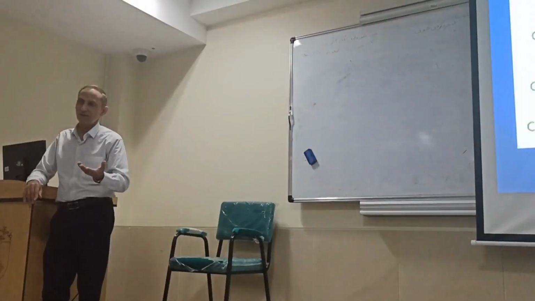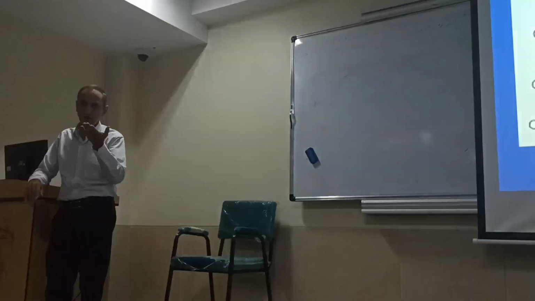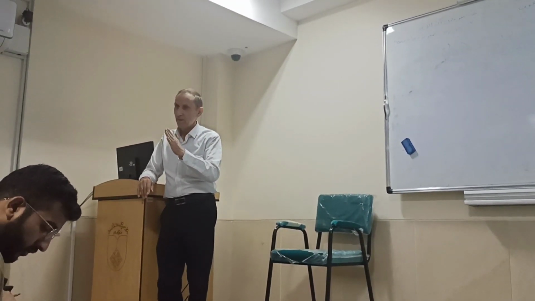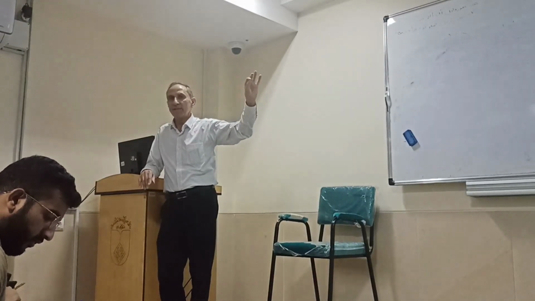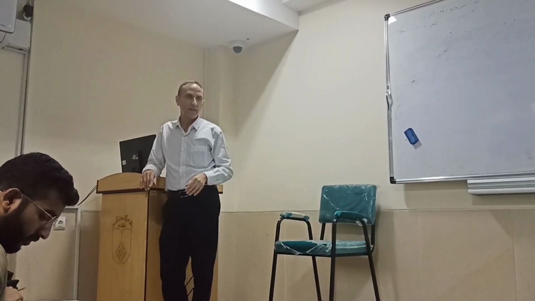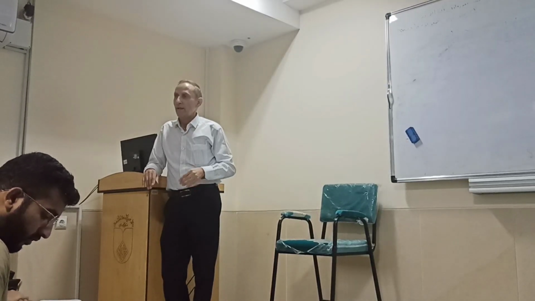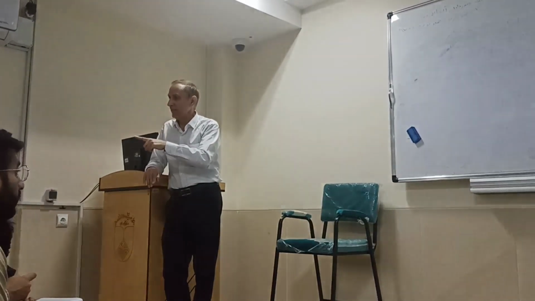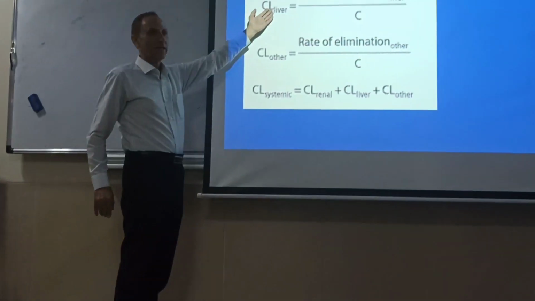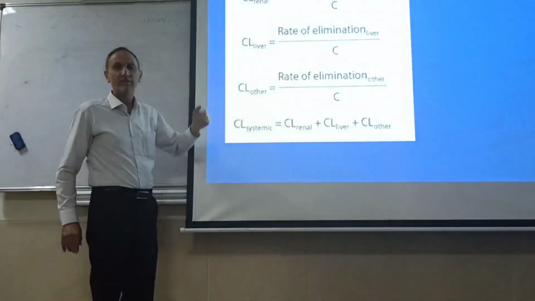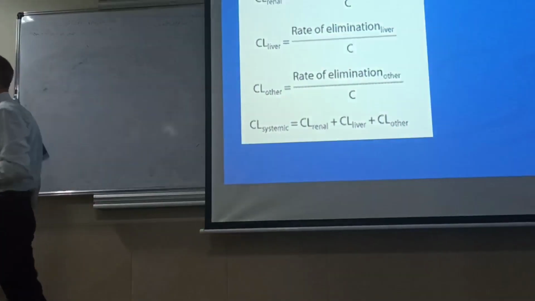The dose is for normal kidneys, kidneys with normal function. And in liver insufficiency or hepatic insufficiency, we should adjust the dose for those drugs that have a high liver clearance.